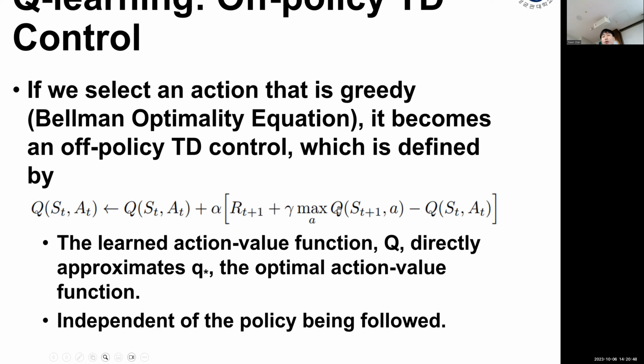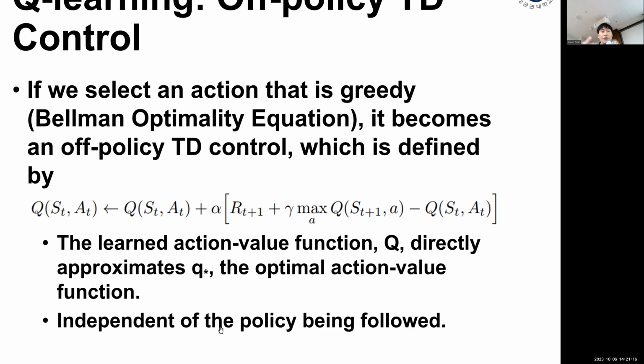So even though we are using Q here, the value of Q has nothing to do with the target policy pi, because the action we are selecting here is greedy. It's not based on the policy. We are just basing it on the state value. The optimal action value function is independent of the policy being followed.